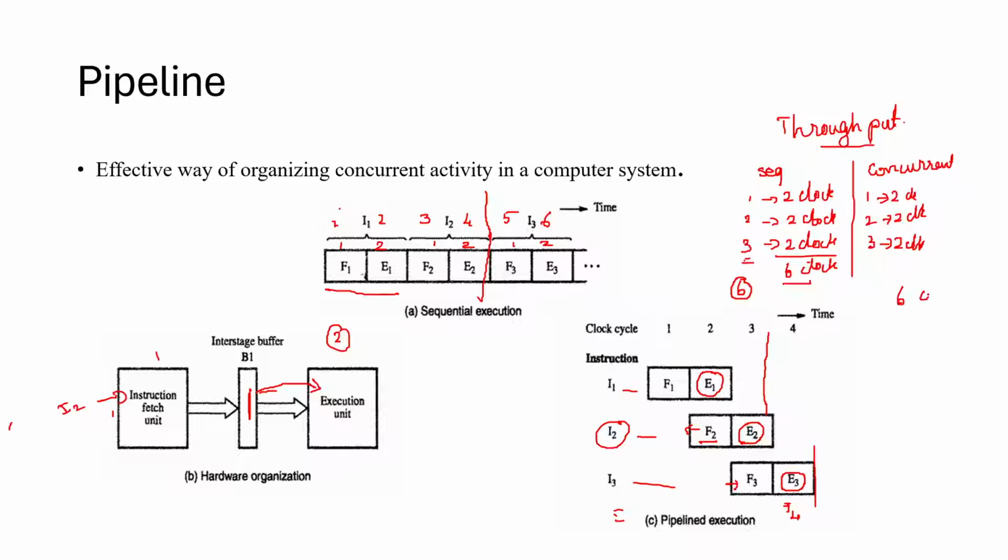But here, at the end of the 6th clock cycle, 5 instructions might complete their execution.